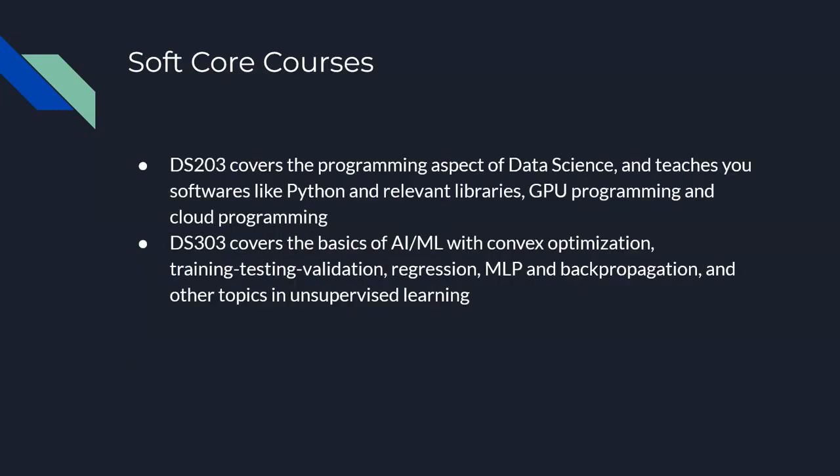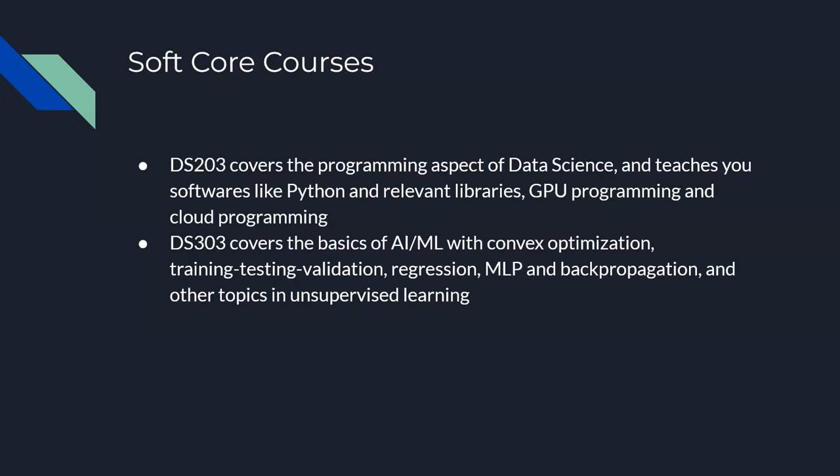Yeah, so the soft core courses: DS203 covers the programming aspect of data science. I think I've already covered this. So you have software like Python and its relevant libraries, and GPU programming, cloud programming are listed in the curriculum. I'm not really sure if they're covered these days in DS203, but that's what is listed in the curriculum.